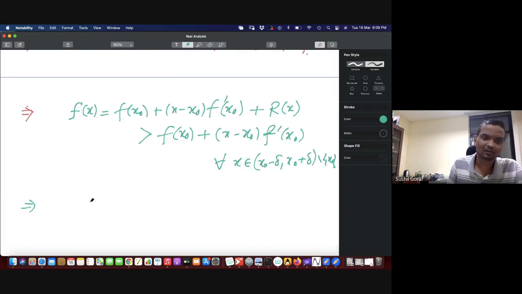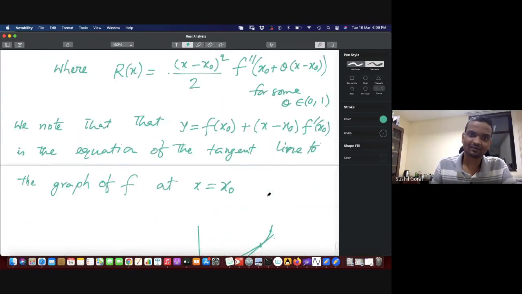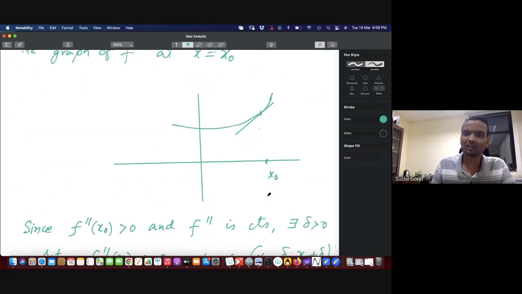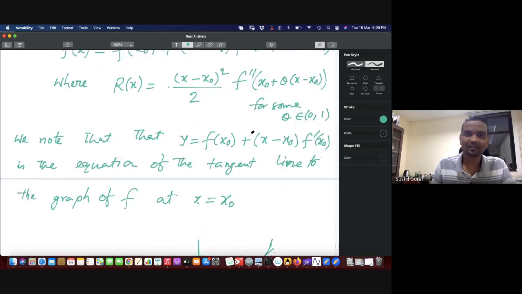This means the graph of f is convex downwards, right? Convex downward. Is this fine? So the graph will lie on top of the tangent line in a small neighborhood.